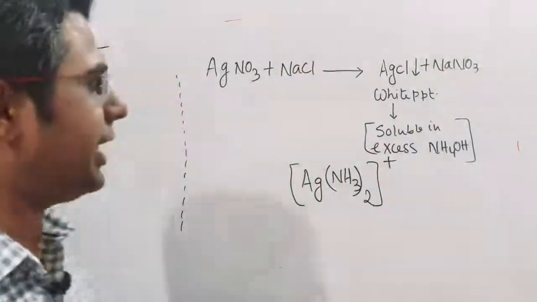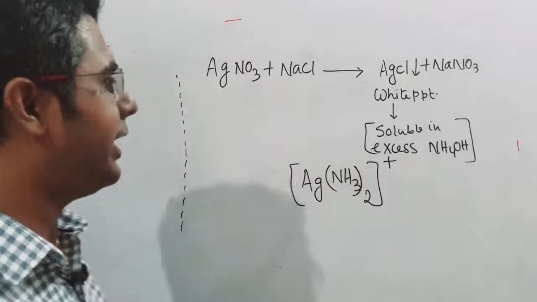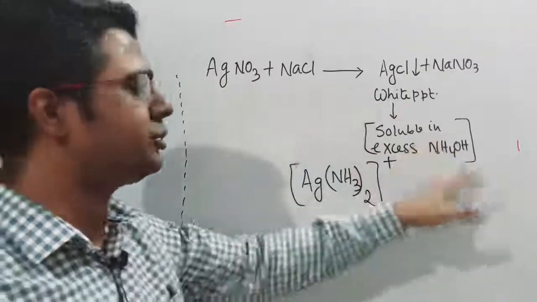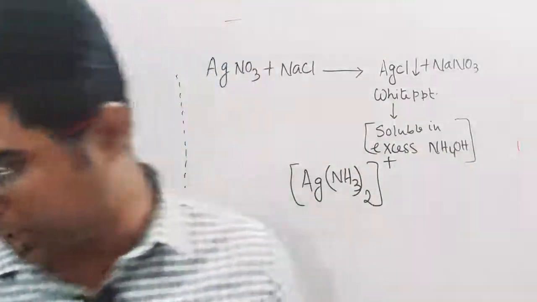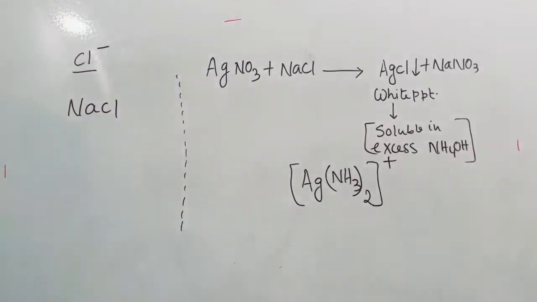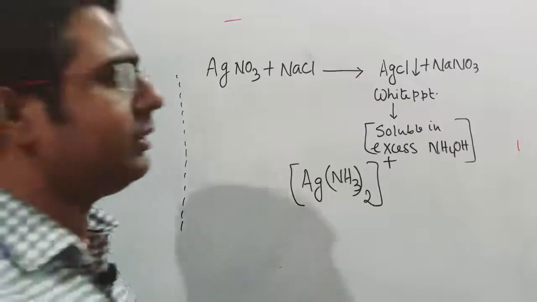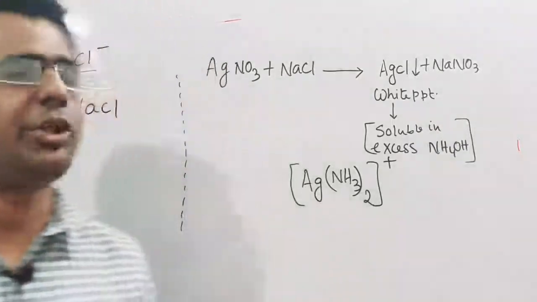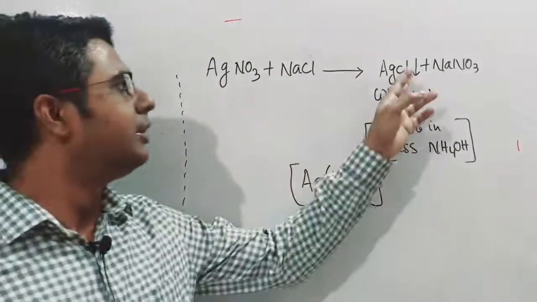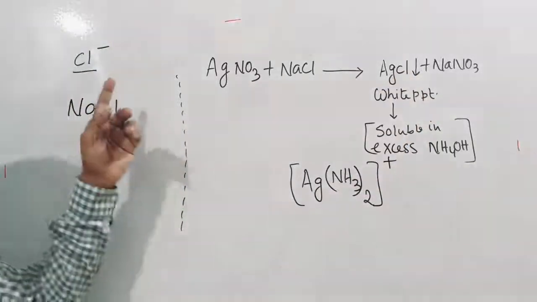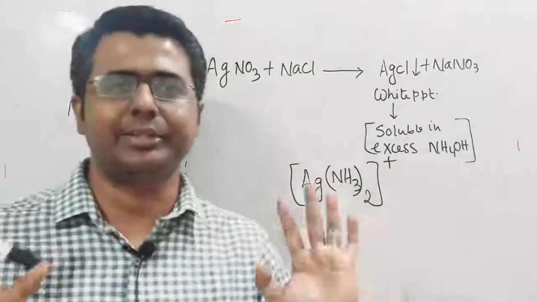So a precipitate is formed which is soluble in excess NH4OH. That is the test of the chloride ion. Whenever I get this answer, I am pretty sure that this is the compound and the anion is chloride.